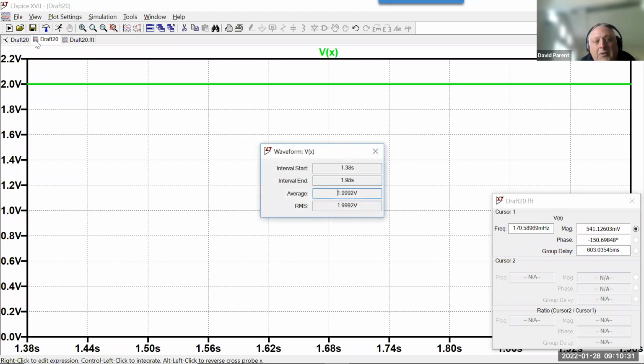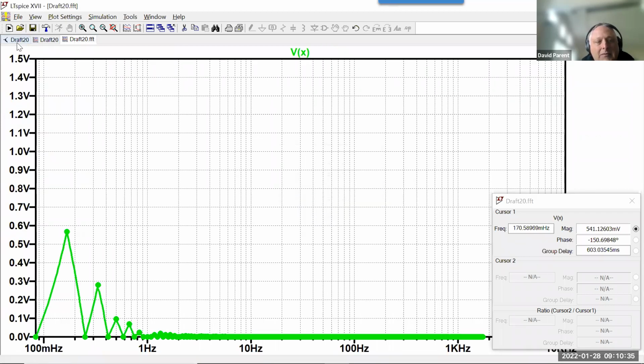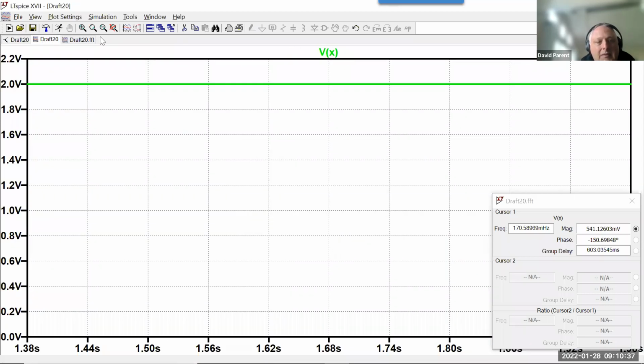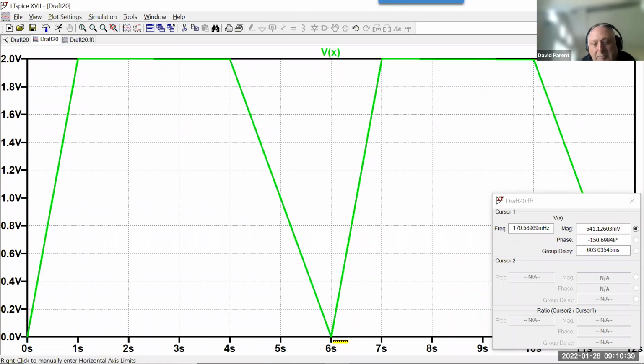So this simulation, this waveform, repeats every 6 seconds. The period is every 6. So if I don't simulate in positive integers of the period, I will get the wrong answer.